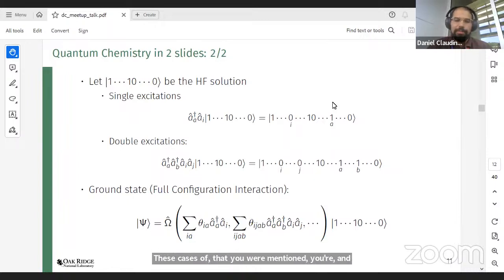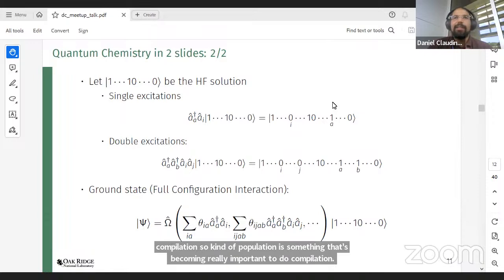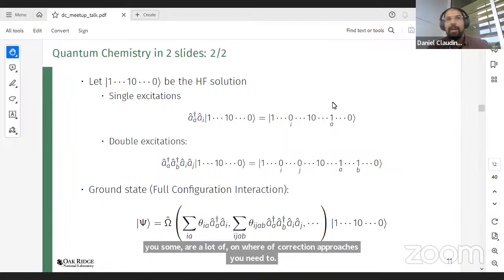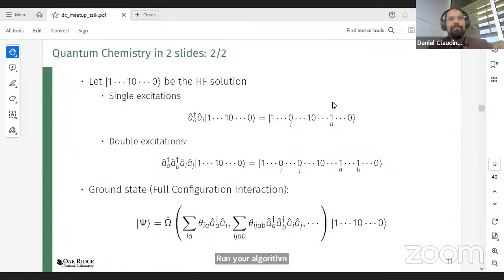Quantum compilation is becoming really important to do in a robust manner on the fly, because for a lot of advanced one-way correction approaches, you need to run your algorithm and decode in real time, such that your algorithm can proceed knowing the outcome of the first measurement.